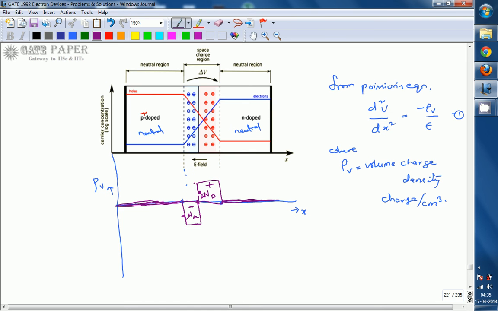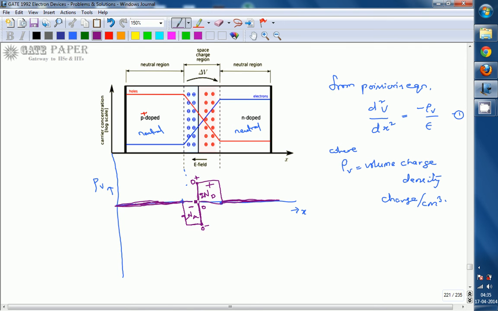Exactly at x equal to 0, this point is 0 minus, this point is 0 plus. At x equal to 0 minus, the charge is q times Na. At x equal to 0 plus, the charge is q times Nd.